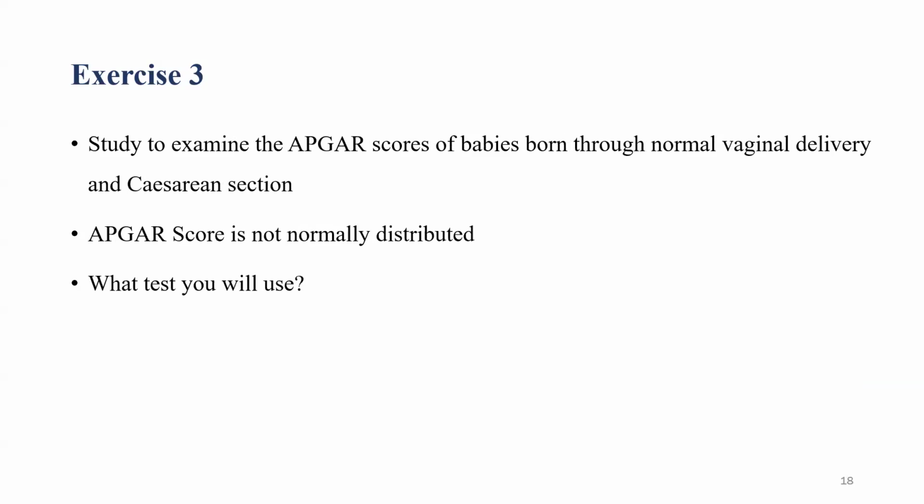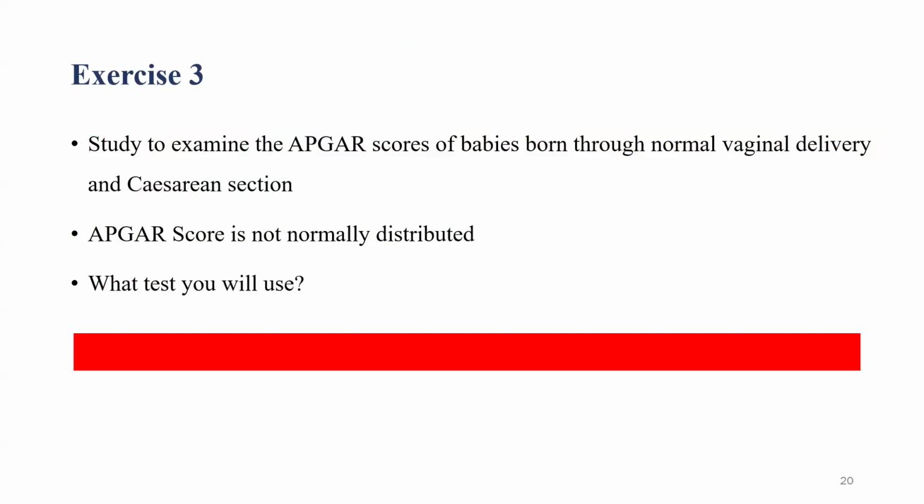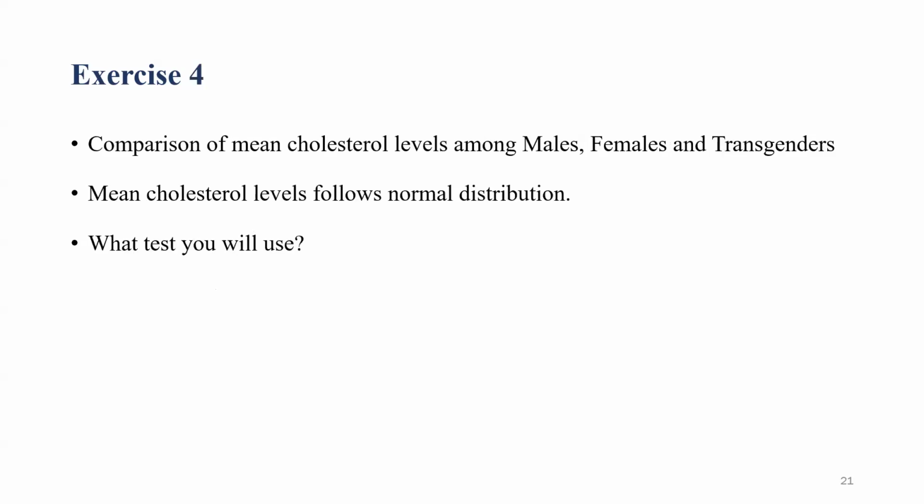What test? Mann-Whitney. Why is it Mann-Whitney, ma'am? Because there are two categories, C-section. Yes. So we have vaginal as well as cesarean section. That is the independent variable. The dependent variable here is the Apgar score. As the Apgar score is not normally distributed, we can go with the Mann-Whitney U-test.